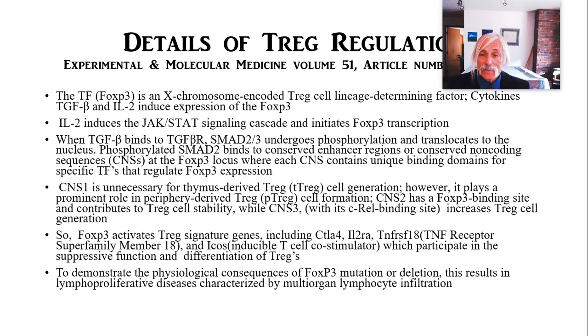So one of these conserved non-coding sequences, which is a component of the enhancer region of the DNA that's going to code downstream for transcripts that are going to make this cell lineage a Treg lineage, right? Yes, of course. CNS1 is actually unnecessary for thymus-derived Tregs. Those are the progenitor Tregs. So it's not necessary for generation of them. And that makes sense, right?